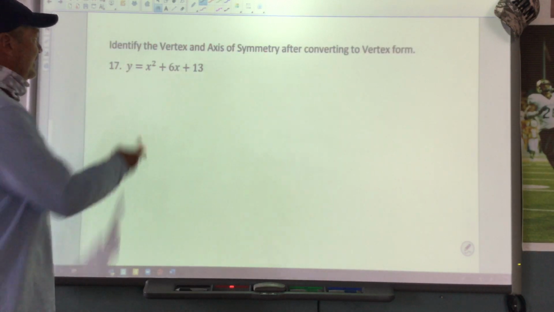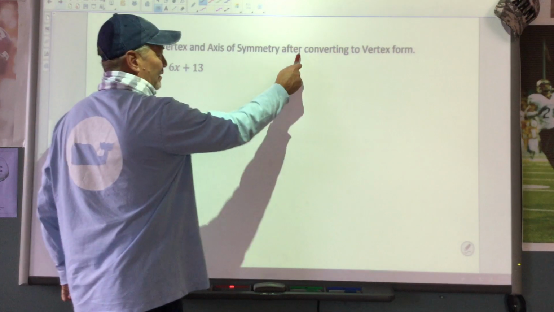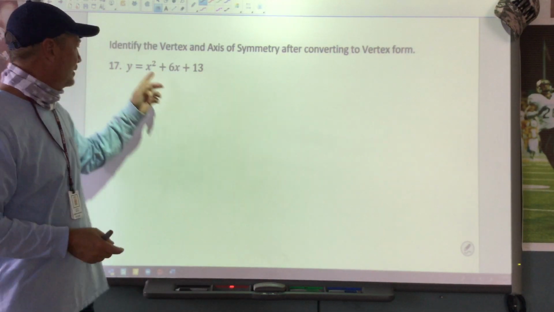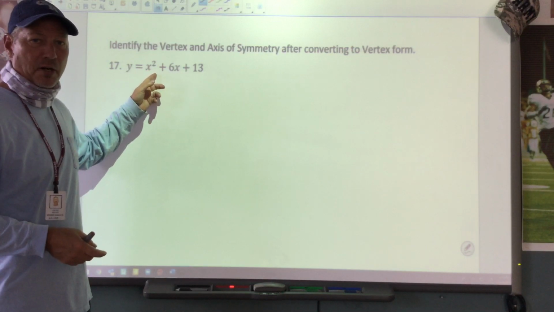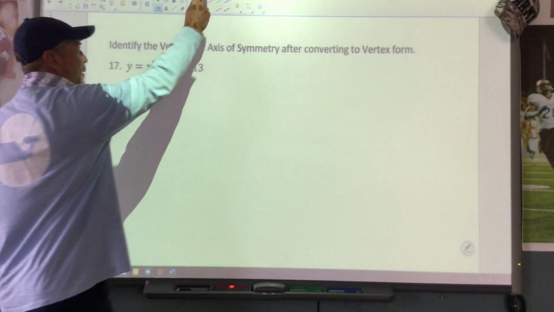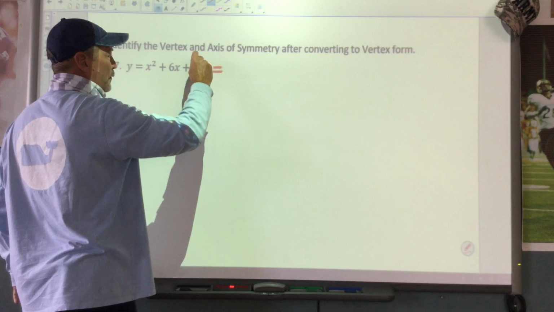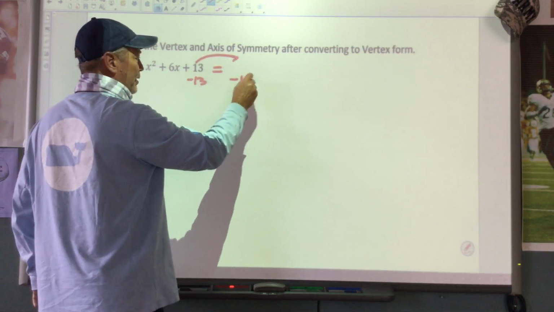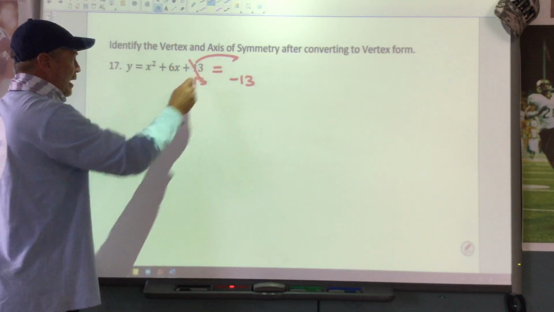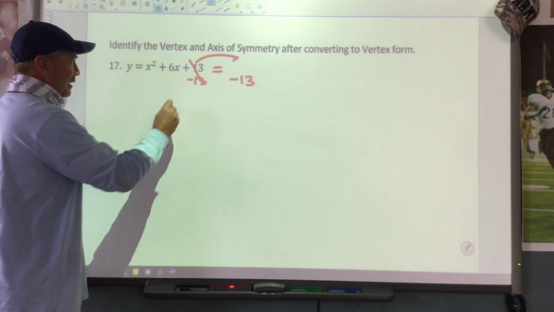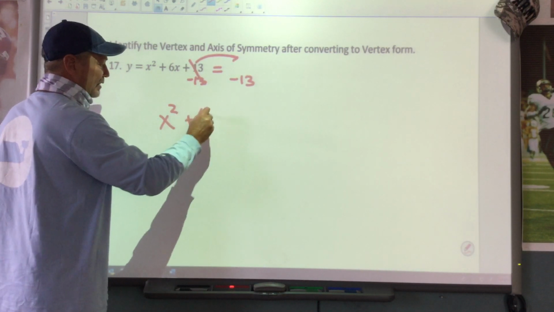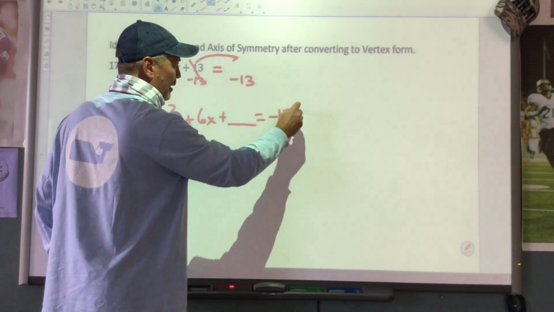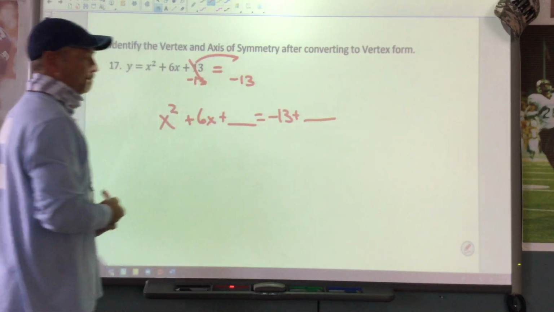One last thing. It says, identify the vertex and the axis of symmetry after converting. Hey, this will be the easy type. This doesn't have to be bounced. It doesn't have a number in front. Step 1. Move the 13, minus 13, minus 13. I get x squared plus 6x plus blank equals negative 13 plus blank.